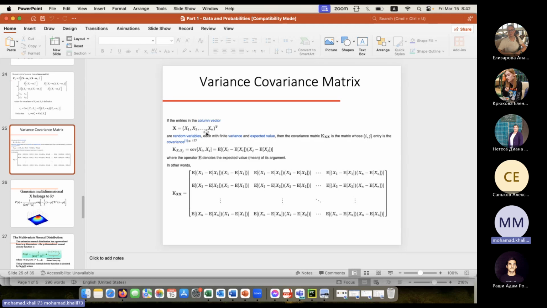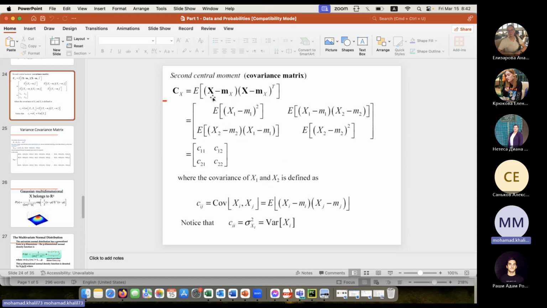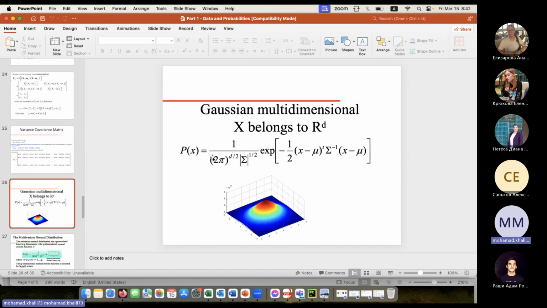So if you have only x1, x2, x3, the matrix is 3 times 3. If x only contains x1 and x2, the matrix is 2 times 2. So if x belongs to R^d, sigma is always d times d.